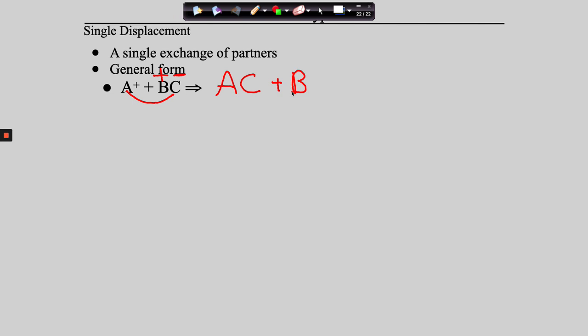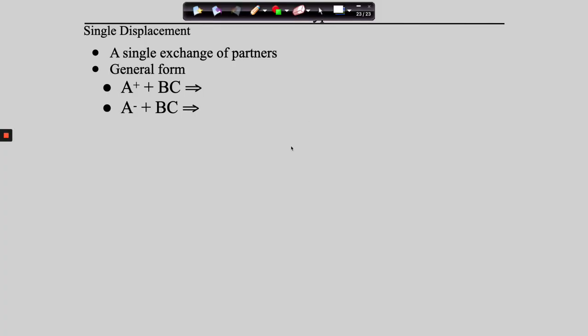But guys, this is not the only way that this can go down. Let's clean up the mess. And now guys, the other way this can go is A is negative. In your notes, given what you now understand, predict the products if A is negative. So guys, still B is positive, C is negative.